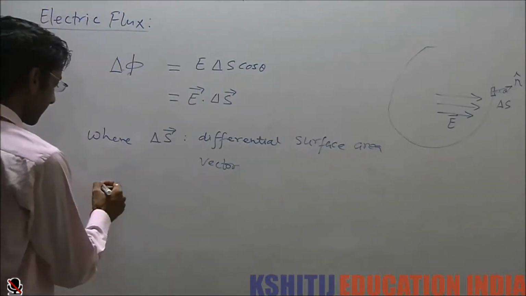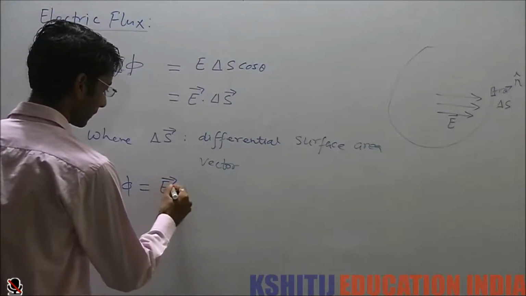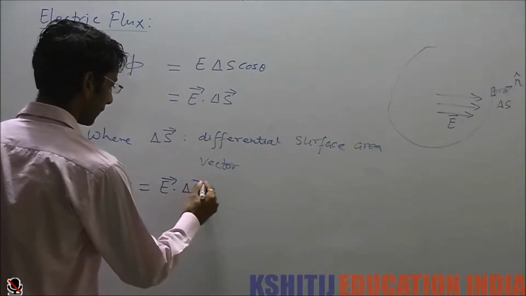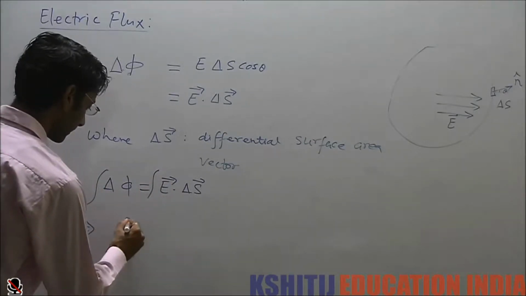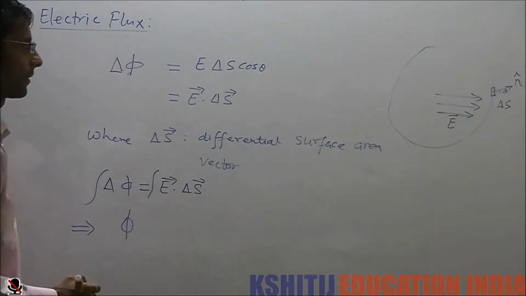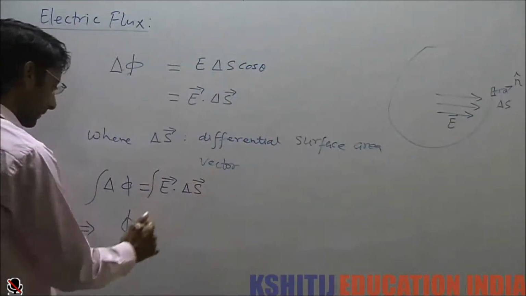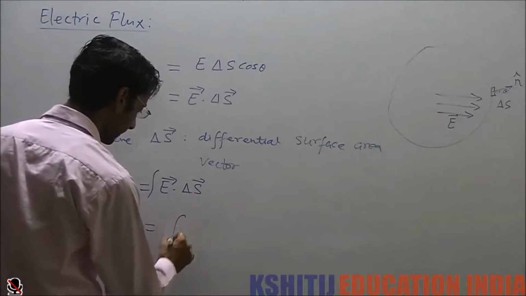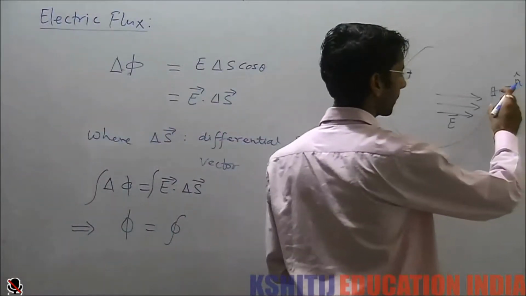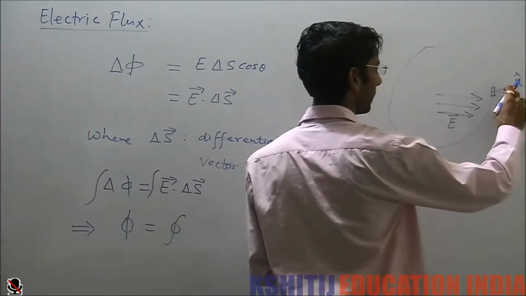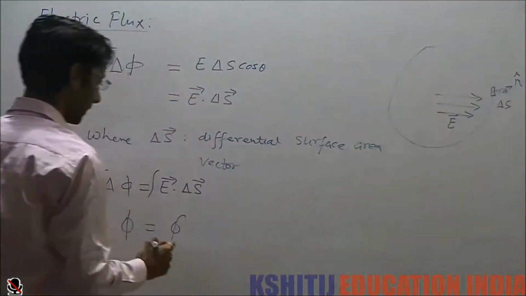And when we go for integration of this relation, we can say that it will be the flux phi that will pass through that given surface area. It will be integrating this differential surface area all along the curve.